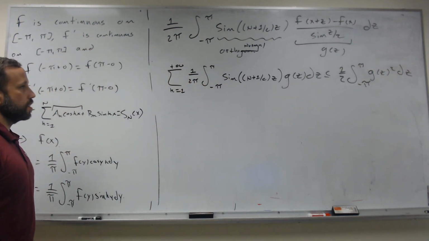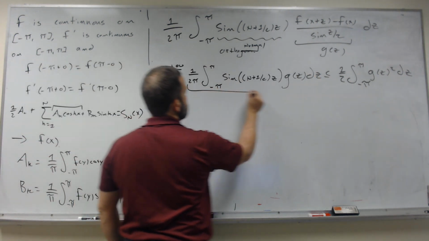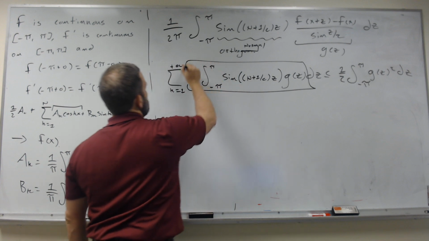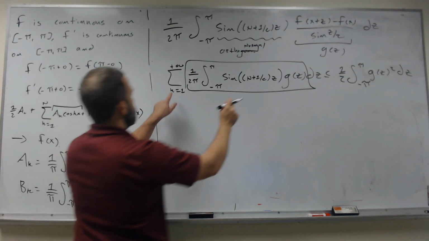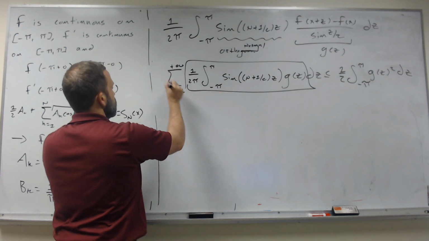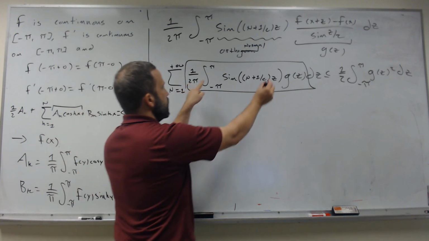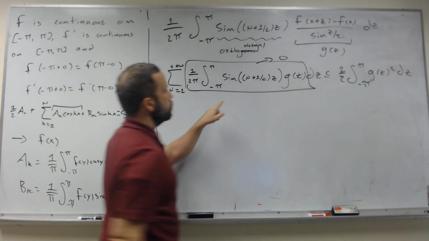And in particular, if this is finite, it means that these terms go to 0. Sorry, I've got a k here and an n here. Let me keep the n here. What this says is that as n goes to infinity, each of these terms has to go to 0.